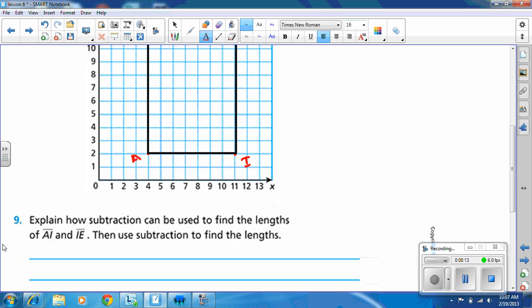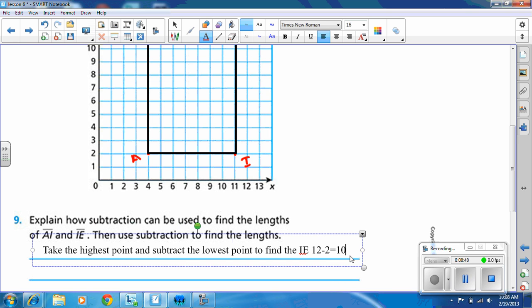So I'm going to take my highest point and subtract my lowest point. IE dimension. So I'm going to take 12 minus 2, which equals 10. And hopefully that kind of makes sense.